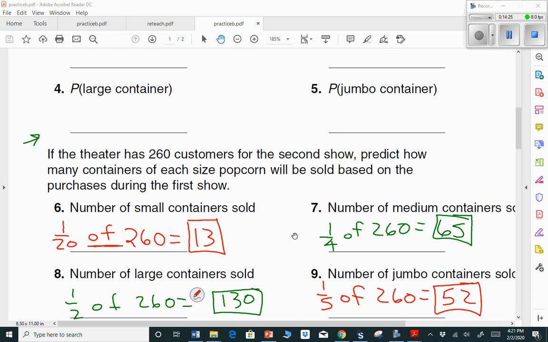Now, if you were to add up all those numbers, 13, 65, 130, and 52, what should they add up to? Well, they should add up to this 260, so I feel like maybe we made a mistake here, so I'm going to go ahead and add them up. 13 plus 65 plus 130 plus 52 does indeed equal 260, so we've got them all accounted for.